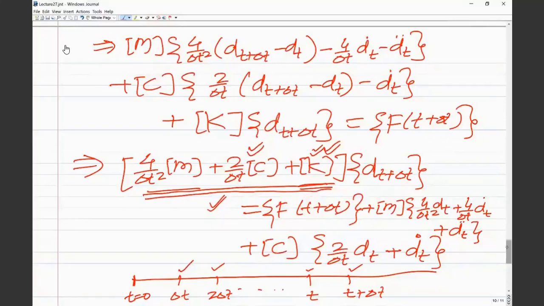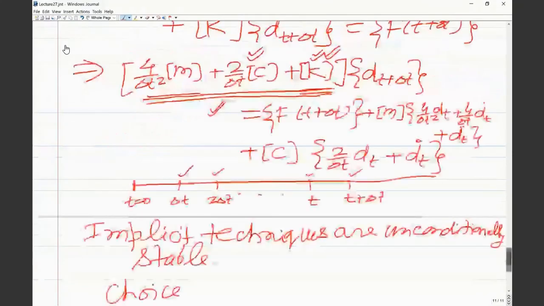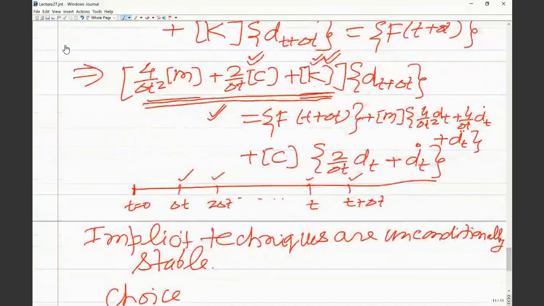So now let me talk about how to choose delta T. Of course, as I said, if it is a nonlinear problem, and K is a function of D, then you have to solve this equation further using the Newton-Raphson method, like in plasticity, where I was discussing how to use Newton-Raphson.